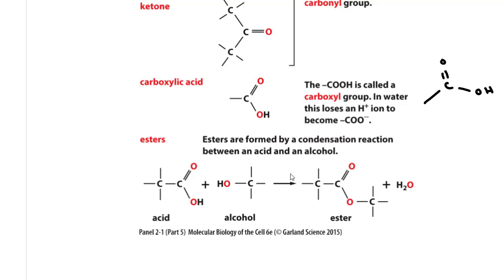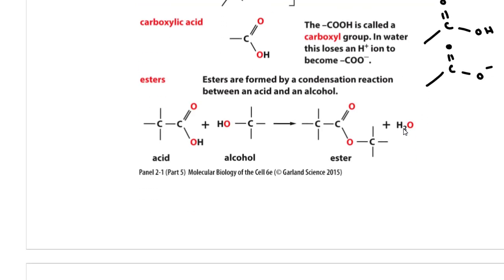But at pH 7, it's actually going to be this. The hydrogen will leave, and it will leave its electron behind. So it'll leave a full negative charge on the oxygen. Ester groups, which is just a carbon double bonded to an oxygen, single bonded to another oxygen, and that oxygen being single bonded to another carbon.